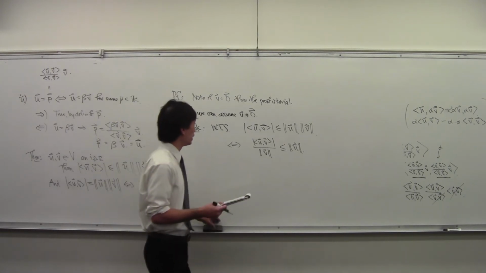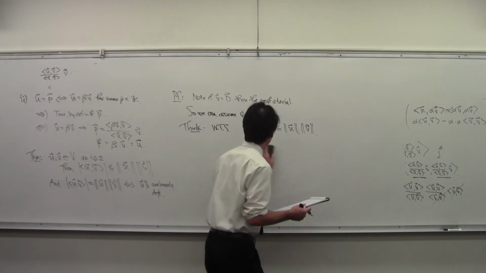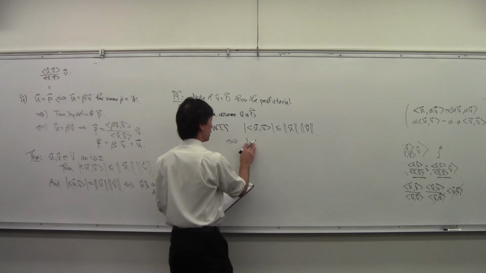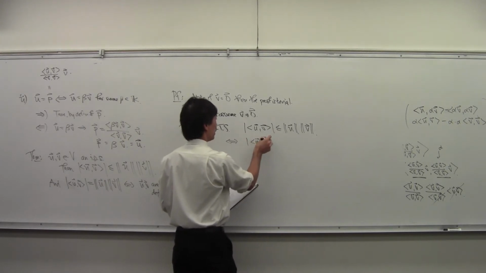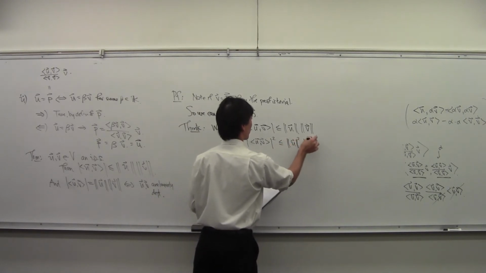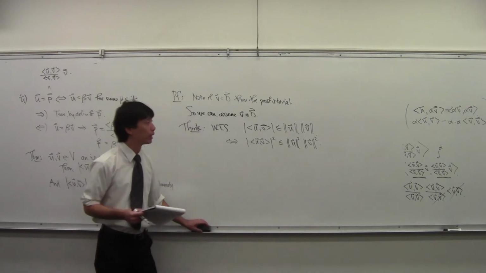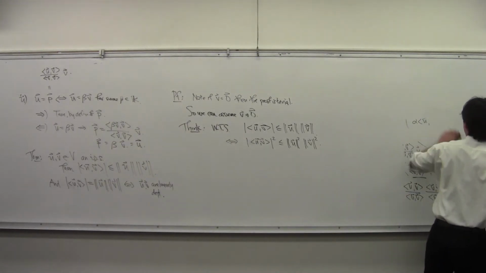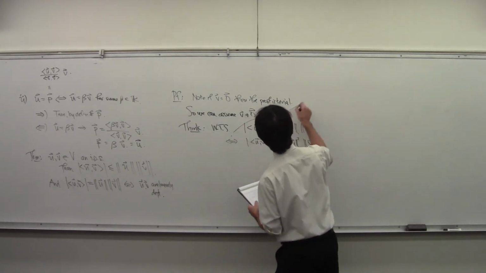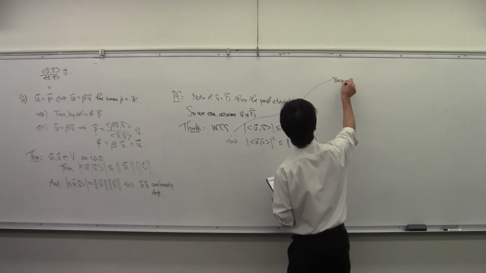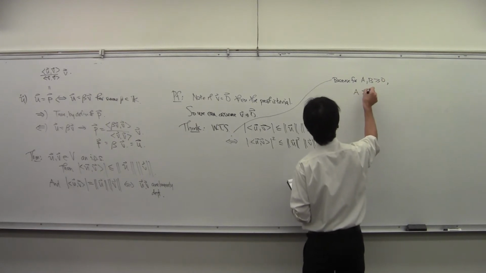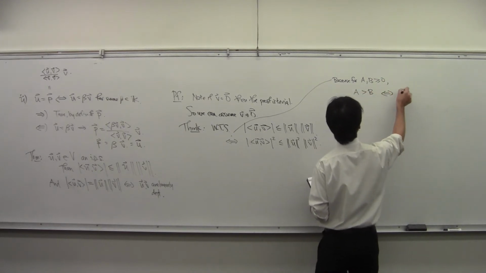Okay. Actually, let me say something in the middle between that. Sorry. That's the same thing as saying that the square of this is less than or equal to the square of this. Okay, and the reason for that is that for positive numbers, A is bigger than B if and only if A squared is bigger than B squared.